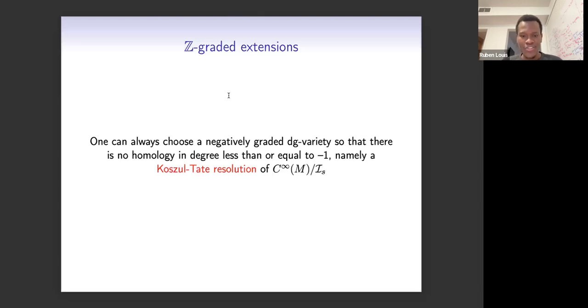One thing you can notice: this negatively graded Q manifold that we associate with the section. Although the cohomology of degree 0 gives you the functions on this zero locus, because we can see this quotient as the functions on the zero locus, you may have cohomology in the other degrees.